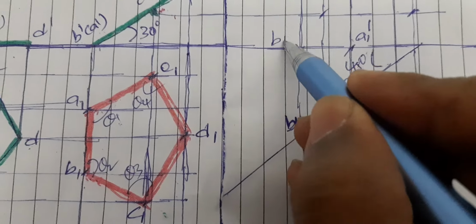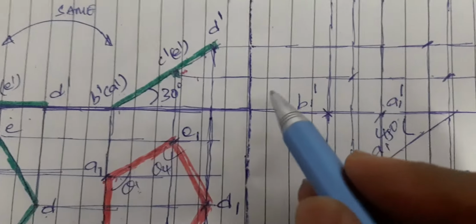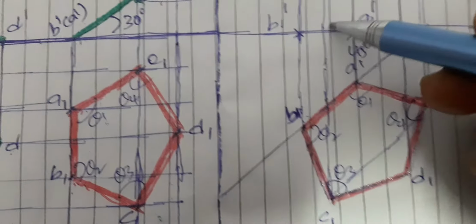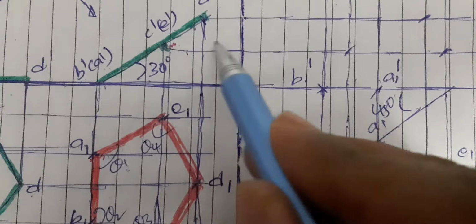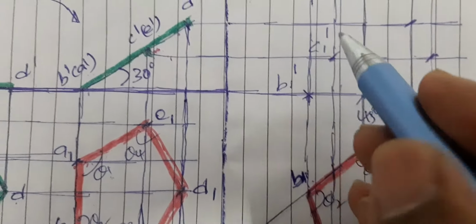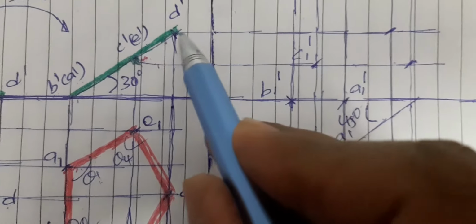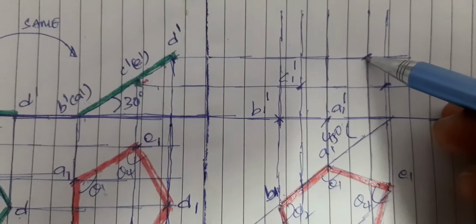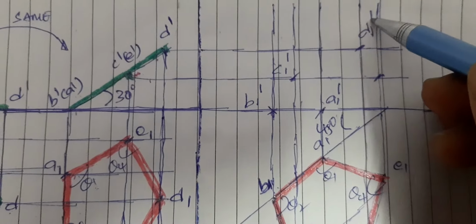Name this as B1 dash. Likewise, identify the similar points. The vertical line drawn from C1 and the horizontal line drawn from C dash intersect here. Name this as C1 dash. Similarly, the horizontal line drawn from D dash and the vertical line drawn from D1 intersect here. Name this as D1 dash.